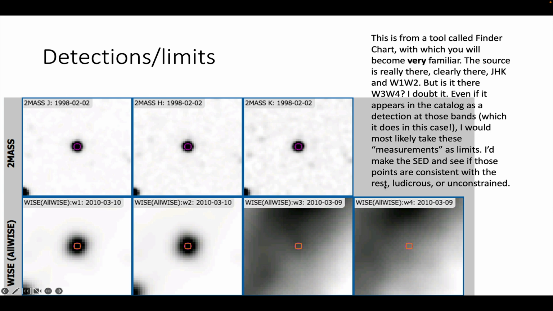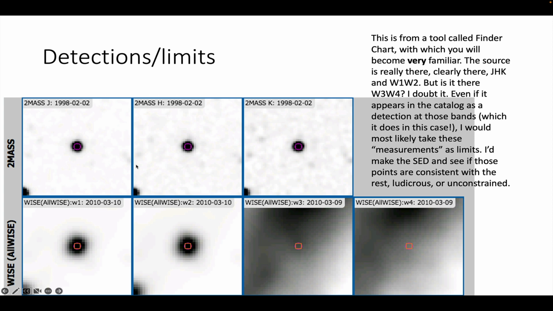If it's consistent with the rest, fine, I'll believe the computer. If it's ludicrous given the rest of the SED, then I don't believe that that's a detection. It's a limit. I'll just turn it into a limit and go with that, because the true brightness of the source has got to be fainter than the noise at this location, because it's not immediately obvious in WISE3 and WISE4 that it's there. Does that make sense?